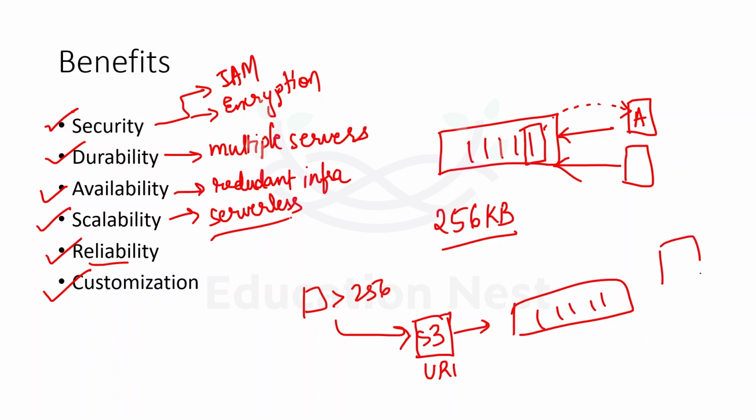And when we write the processing logic, we would be writing it in a manner that the message is just a pointer. Okay, we would understand that the message is just a pointer to S3. The actual message would then be fetched from S3 and processed. So these are all the benefits of our SQS.